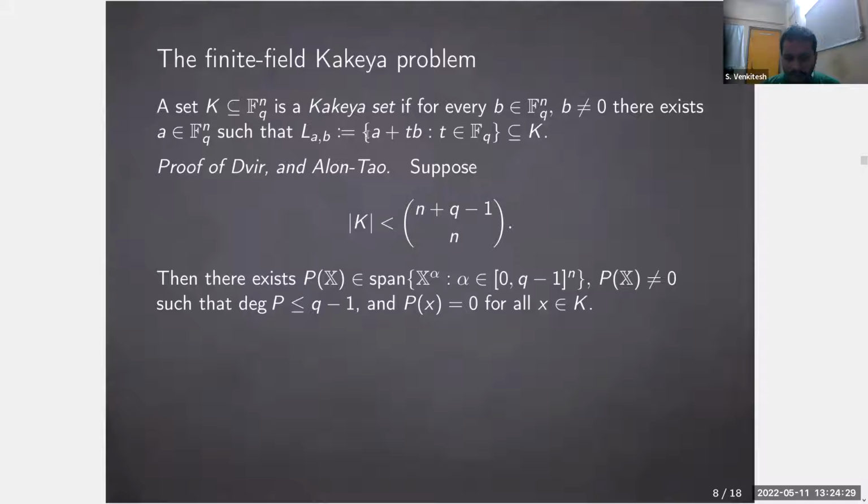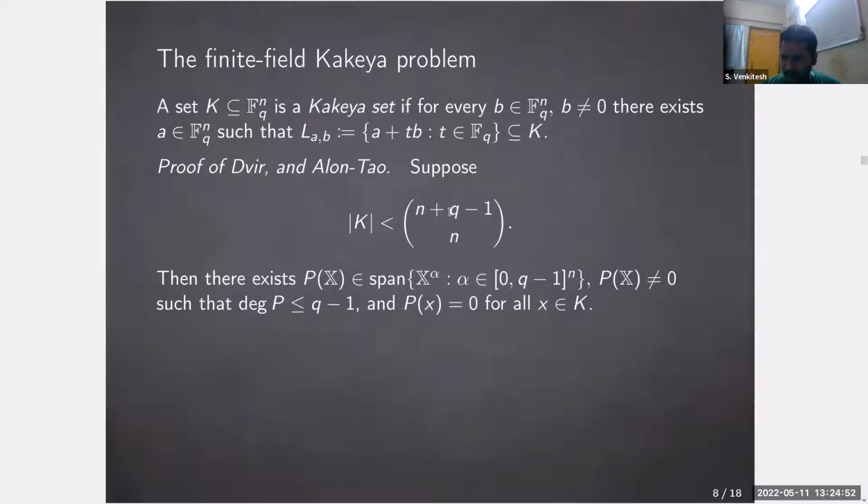Then there is a polynomial in the span. By the Nullstellensatz, every function over F_q to the n is in the span of these monomials. So there is a non-zero polynomial such that the degree is at most q minus 1, and which vanishes at every point in the Kakeya set.